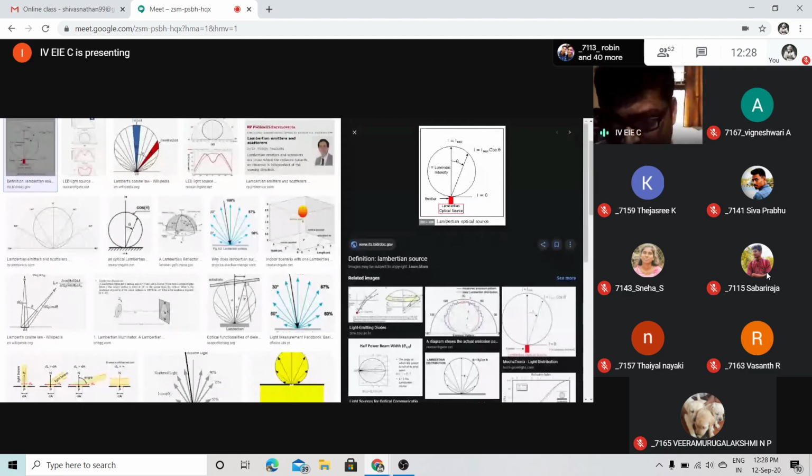This beam is maximum at the center. As it moves along the circle of projection, it falls off with cos theta. At the 90-degree position, perpendicular to the source, the I value will be 0. So this is how a Lambertian source works. Hope I made this clear for you.